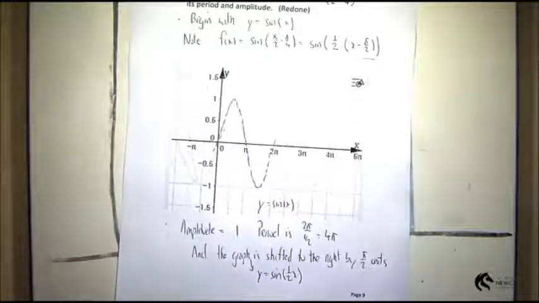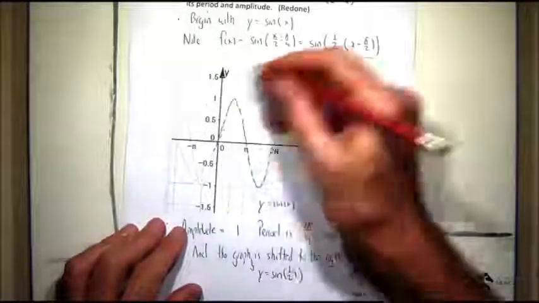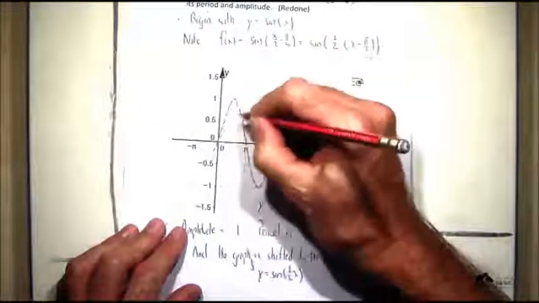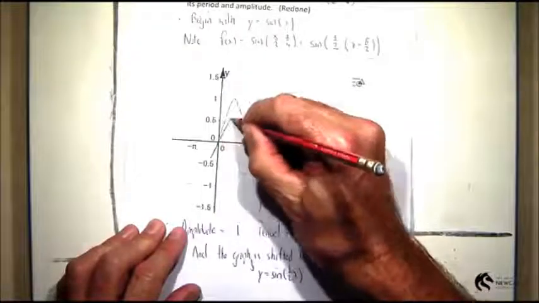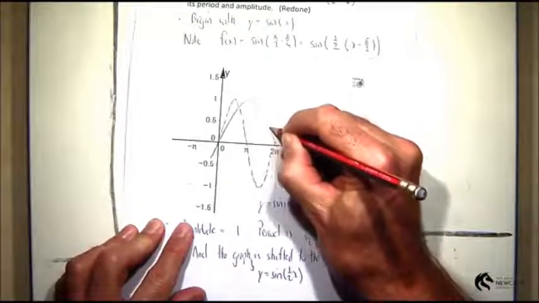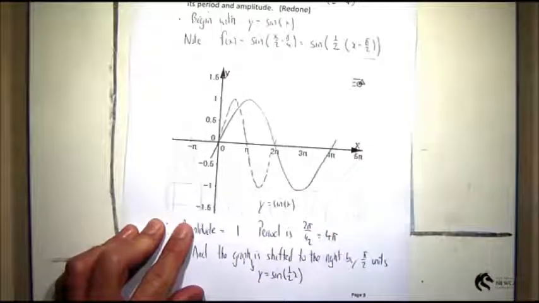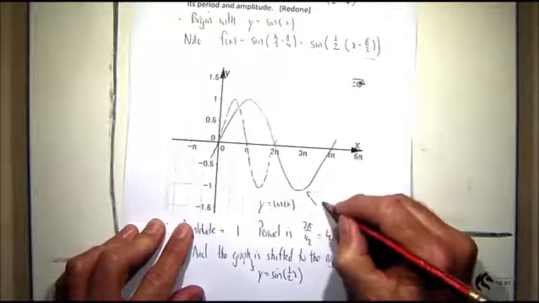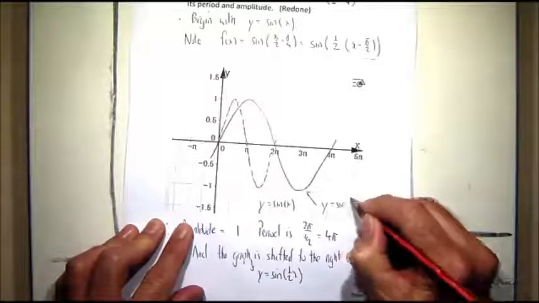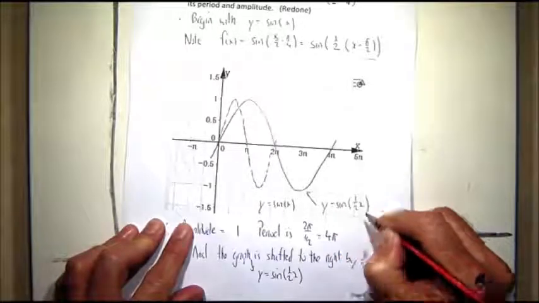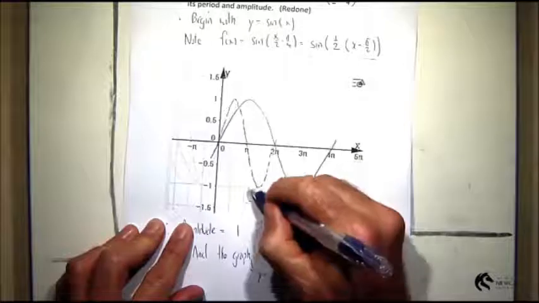And so I still had to draw the graph of sine a half x to know where to shift it. And so here's the graph, comes through here like this. Here's the graph of sine, there we go. That way it's obvious that it's period 2 pi. So that one is the graph of y is equal to sine a half x. That one's the graph of sine x.